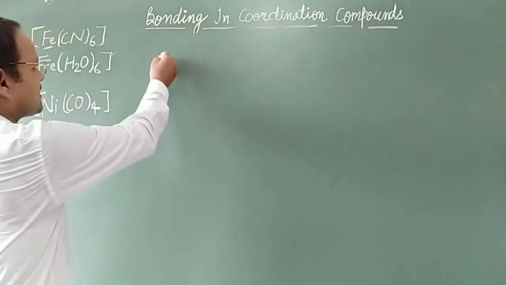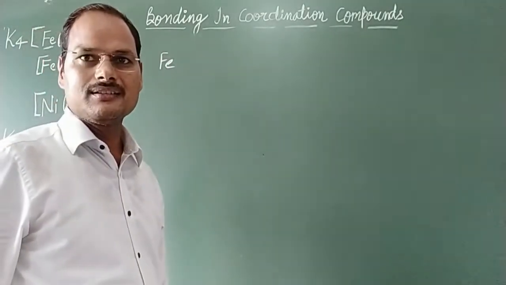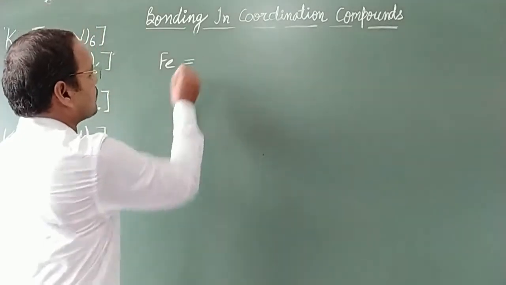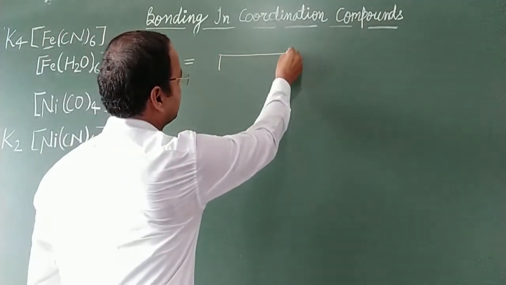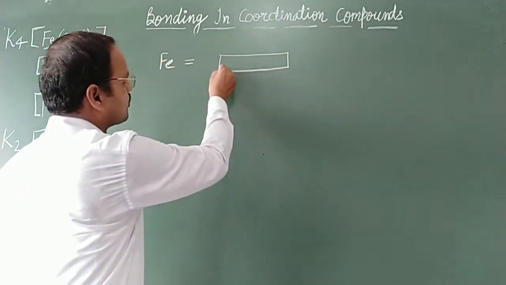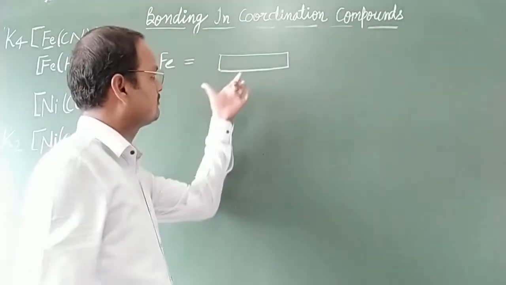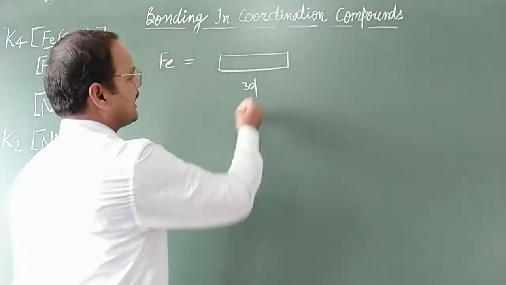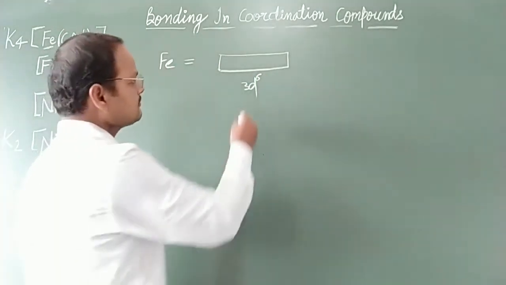See, iron has 26 electrons, meaning the atomic number is 26. So the outermost electronic configuration for iron will be 3d. I am writing this outermost part with the help of boxes. It is 3d, and 3d will have 6 electrons in case of iron.